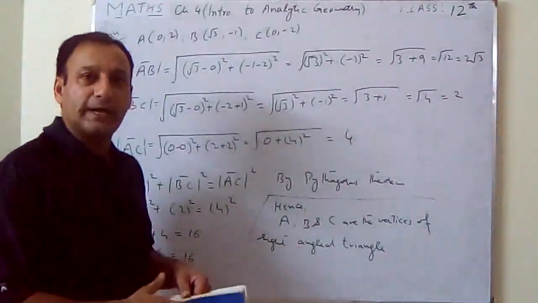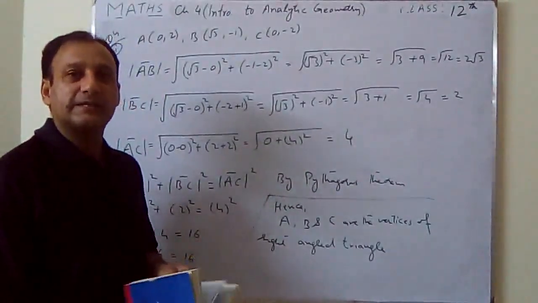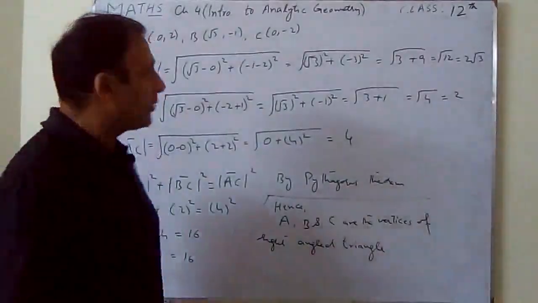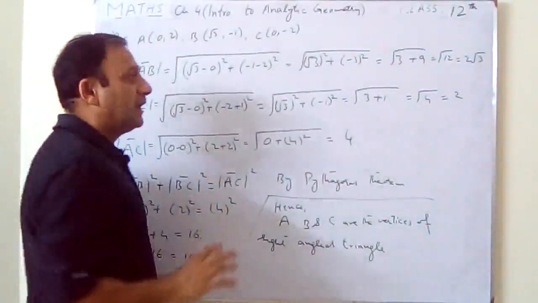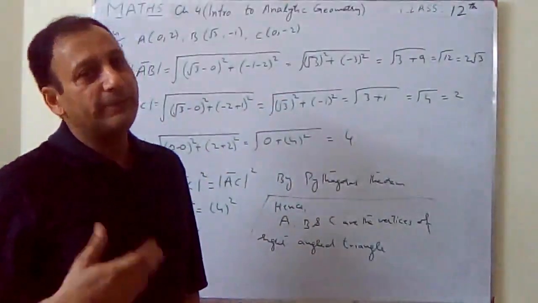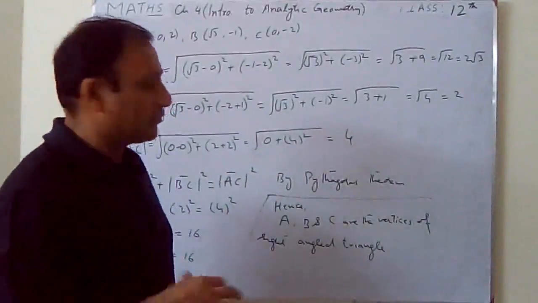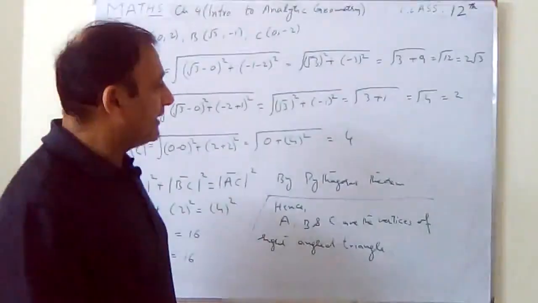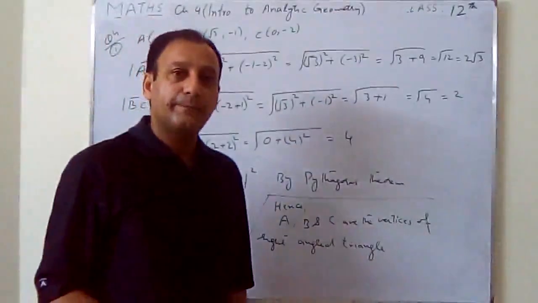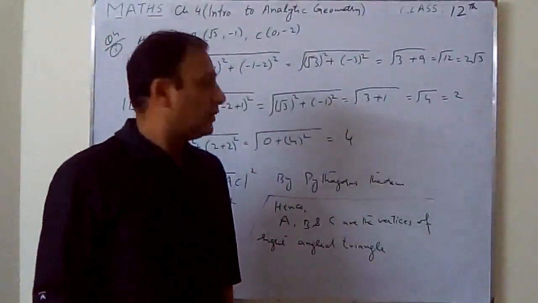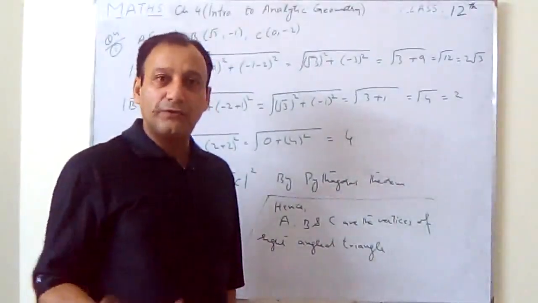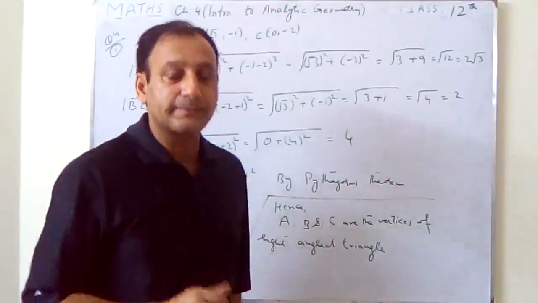where they ask whether these three sides are of an isosceles triangle: when you find three sides, if two of them are equal, it means it is an isosceles triangle, so two sides are equal. Likewise, if they ask about a square, whether it is a square or not, for a square we will have to find all four sides plus the diagonals.